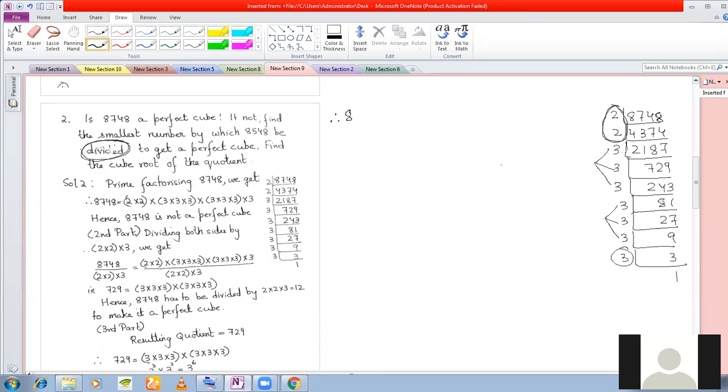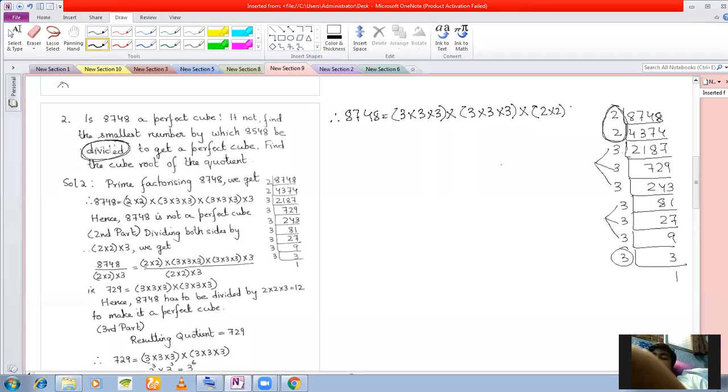So we write 8748 is equal to, we write the triplets first, 3 into 3 into 3 into 3 into 3 into 3 into 2 into 2 into 3.